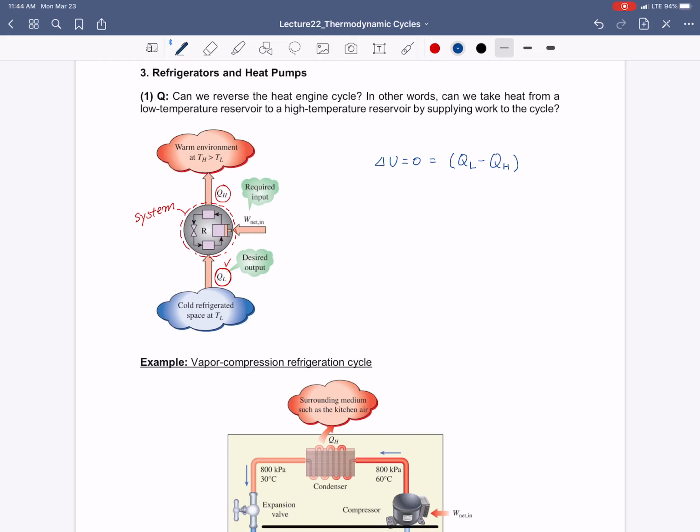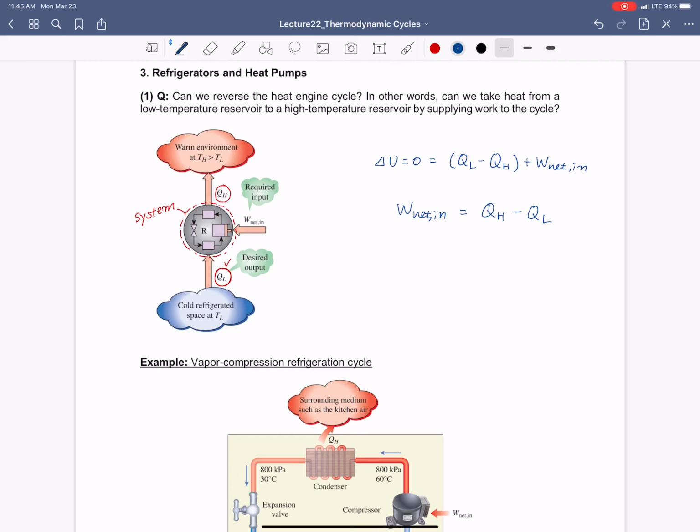And now we have minus, but we have work input, so we should write it this way. So the amount of net work that we have to input to the system is balanced with QH minus QL.